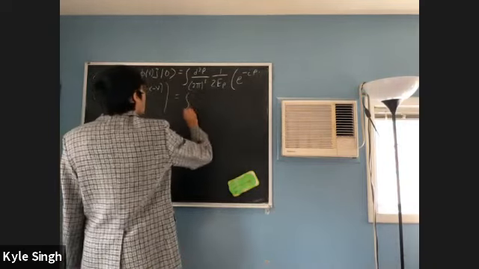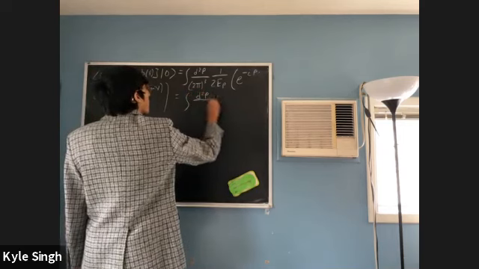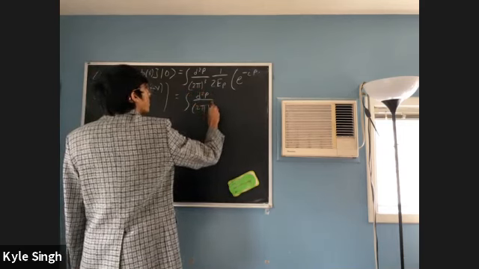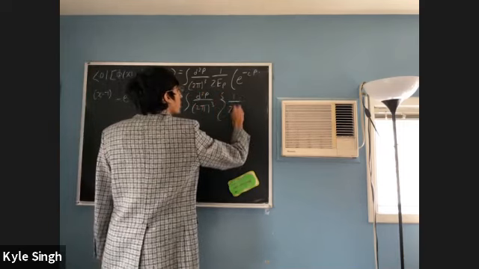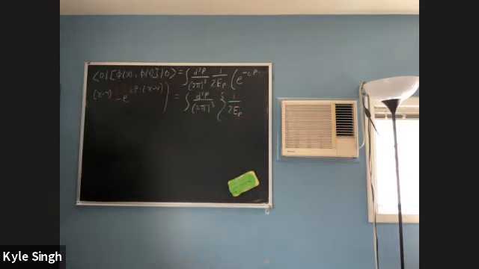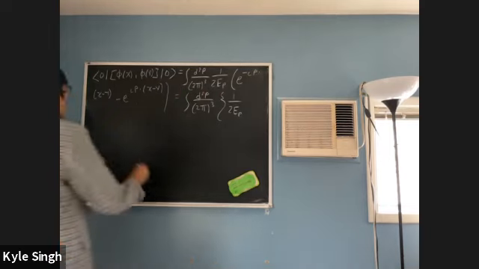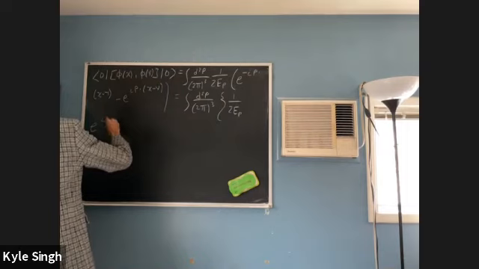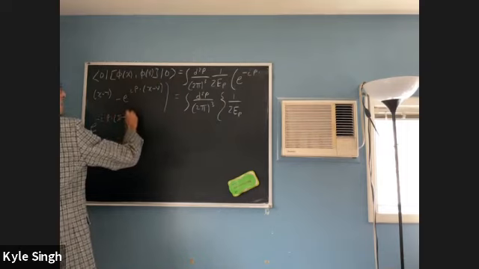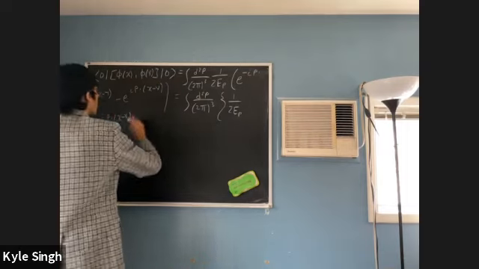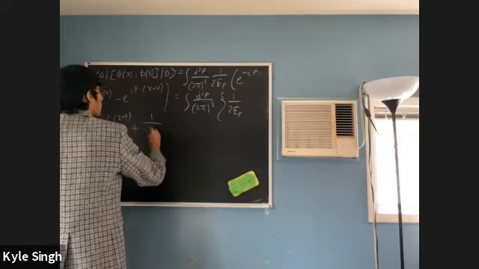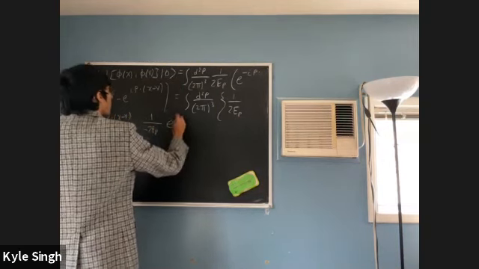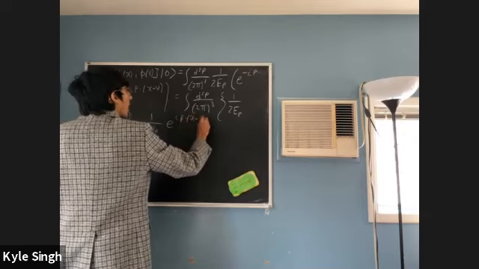Now I have the integral d3p over (2 pi) cubed, 1 over 2 E_p, e to the minus i p dot (x minus y), plus, I'm going to put a plus and you'll see why, 1 over minus 2 E_p, e to the i p dot (x minus y).